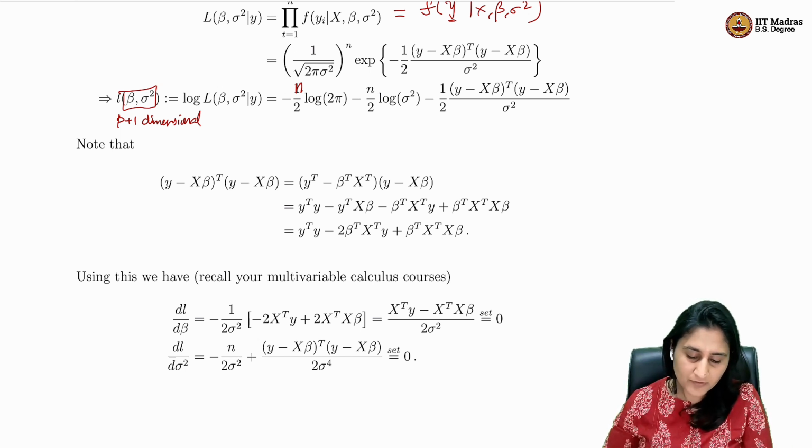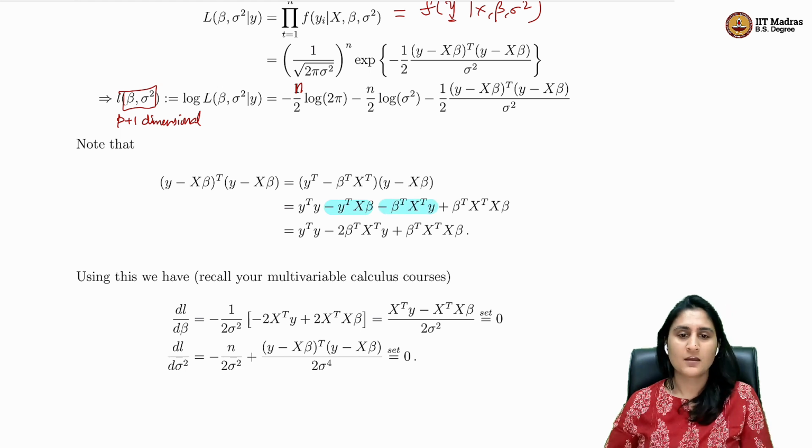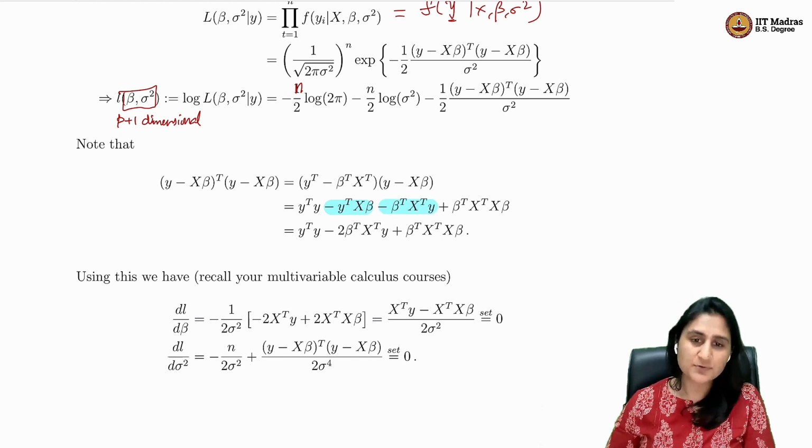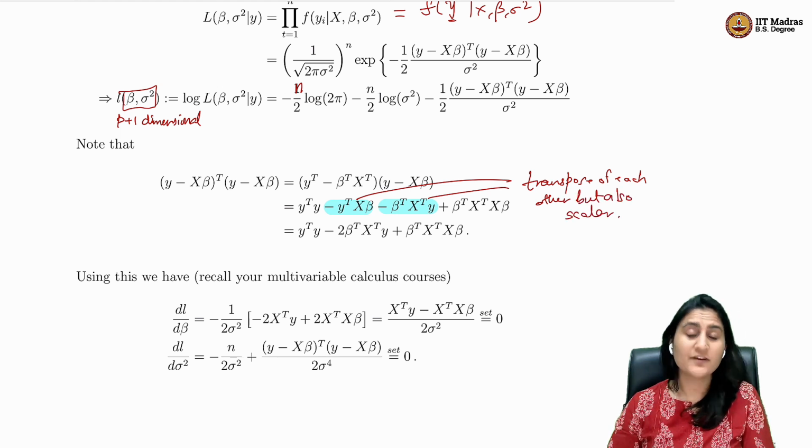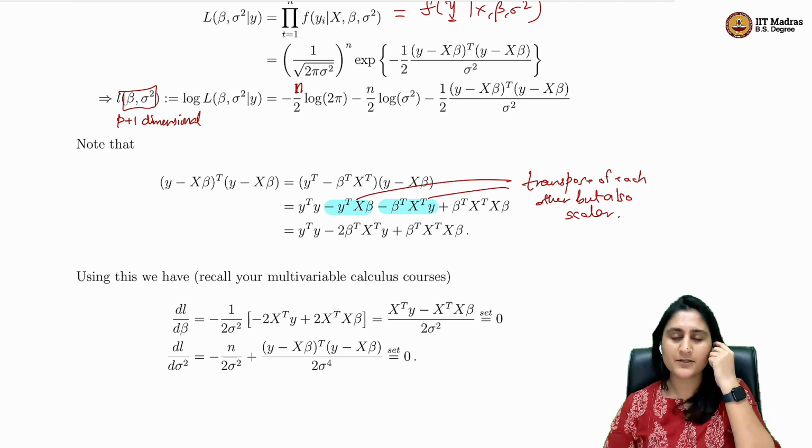Now, what we note is that this term and this term are both transposes of each other, right? But also scalar. Scalar meaning that they're not vectors in the sense that they're only one-dimensional.